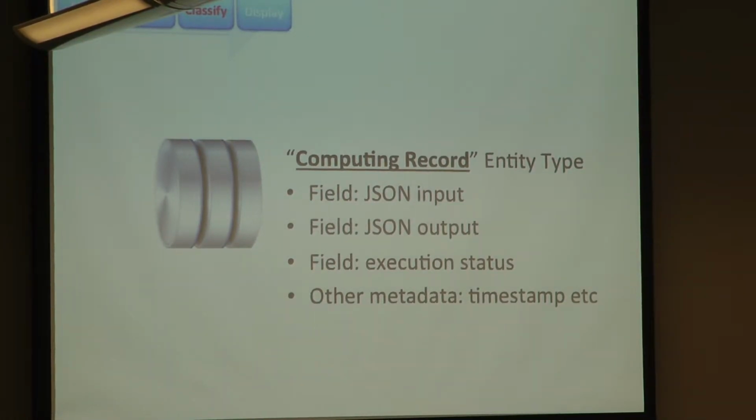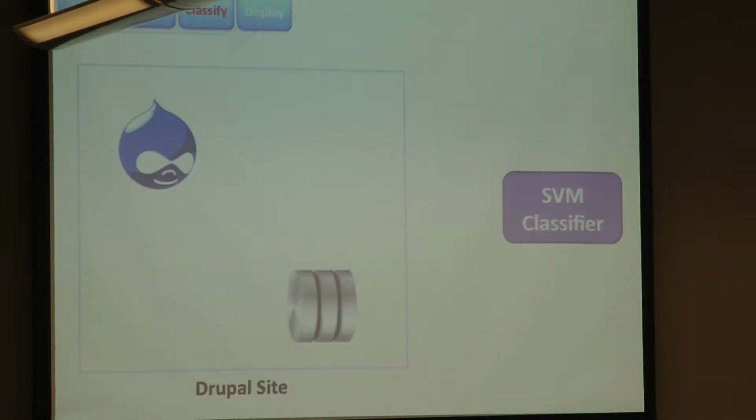This entity basically serves as the interface between Drupal and your external machine learning programs, where Drupal just saves data in the JSON input field and passes it to the external programs, and the programs do some calculation and put data back in the JSON output field. I will show you how that works in our system.